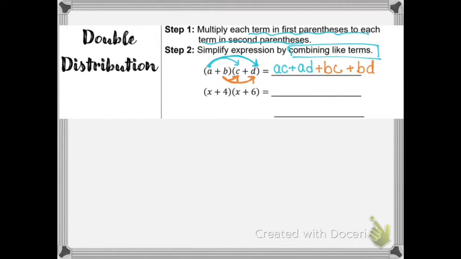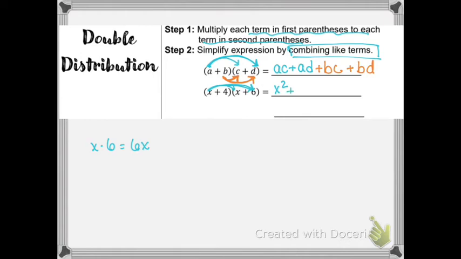Let's go ahead and use our 2 colors again. So first, I'm going to distribute the x to both the x and the 6. So distributing x times x gives me x squared. Distributing x times 6, well, x times 6 is the same as 6x. So I can just flip the order around and make it 6x.